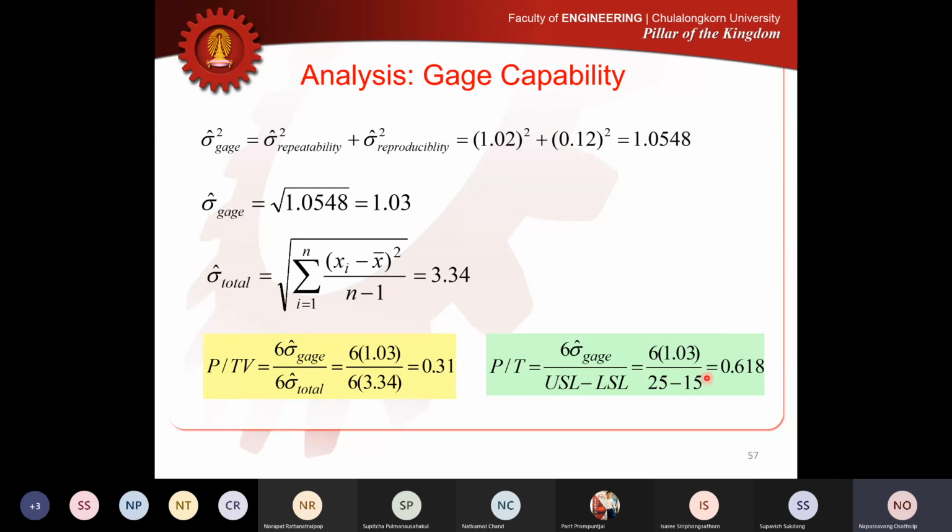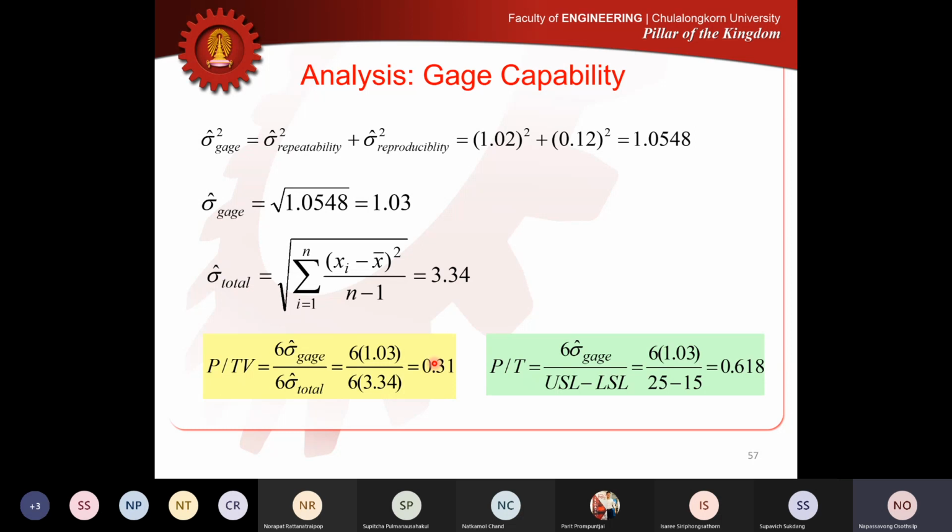And if you want to calculate the precision to tolerance ratio, you can do it by plugging in USL and LSL. This percentage just gives you the variation of the measurement system compared to the tolerance, and we will not use it to make the decision. We make the decision based on the P to TV ratio.